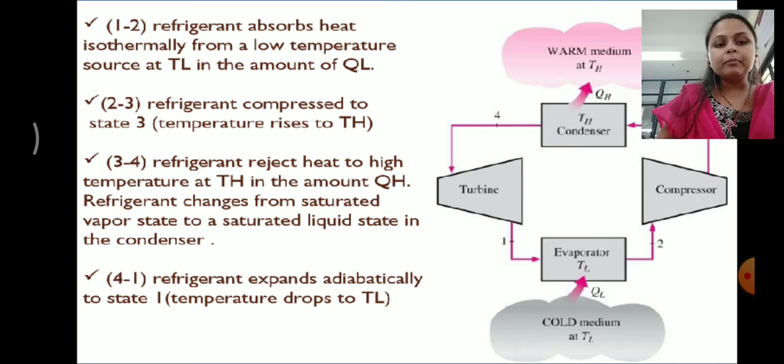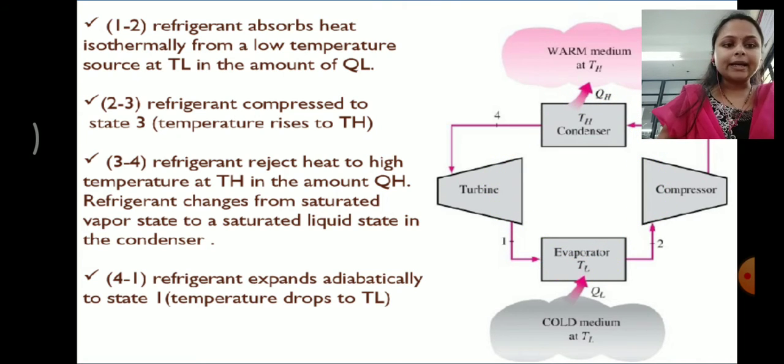Means from the turbine, low pressure and low temperature liquid refrigerant comes out and it enters into the evaporator again. In the evaporator, this low temperature and low pressure liquid refrigerant absorbs the surrounding heat, starts boiling and gets converted into vapor, and that vapor again goes to the compressor. This cycle goes on continuously.